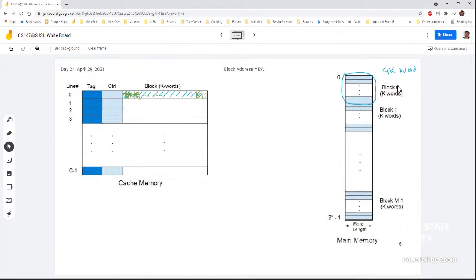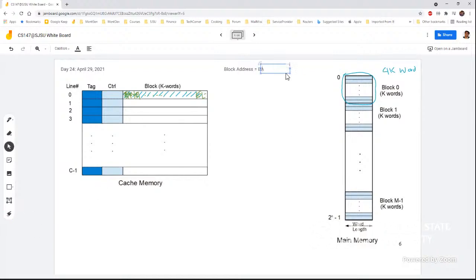The question was whether the size of block is specified by the system. Yes, the size of block is predefined by the hardware, like the cache it has. They define, okay, this is my block size. So this is very much predefined.